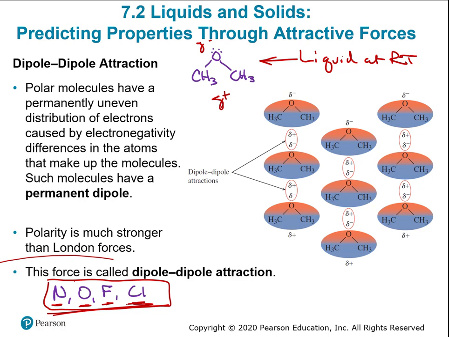These are the ones that don't share their covalent bonds very equally. So they like to pull the electrons towards them. So looking at that example that's up here, this oxygen pulls the electrons towards it. They don't hang out with the carbons as much. They get pulled towards the oxygen. That's why that side becomes a little negative.